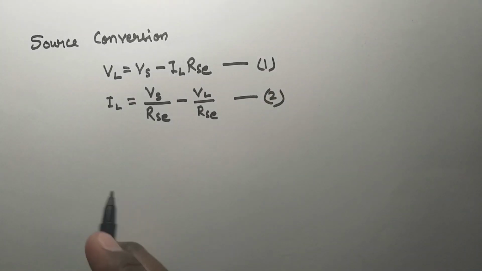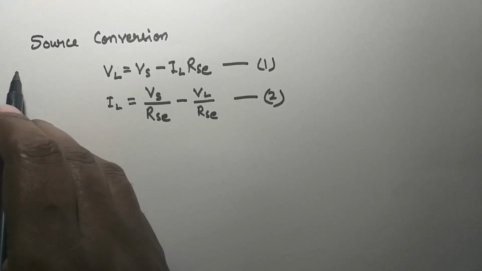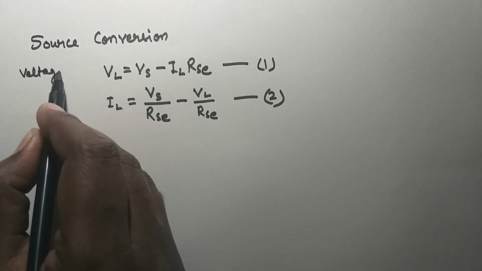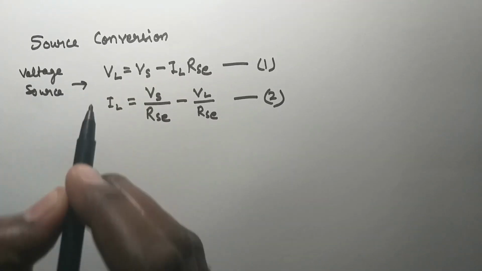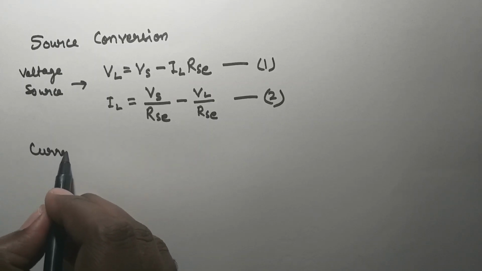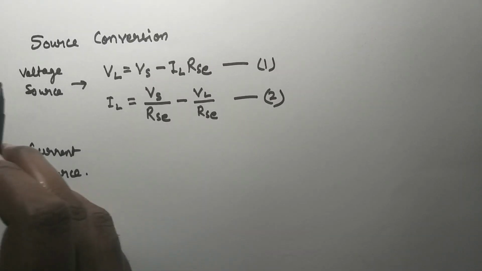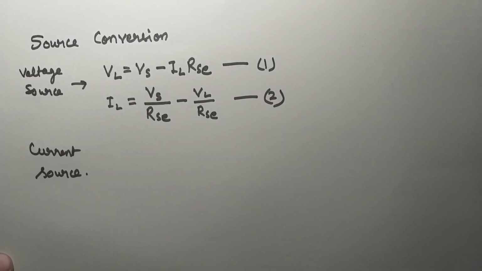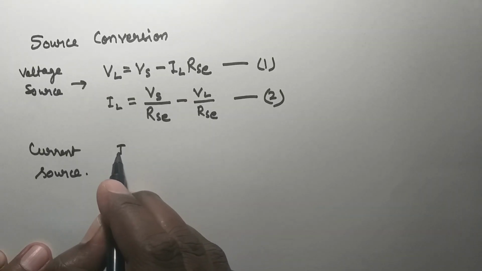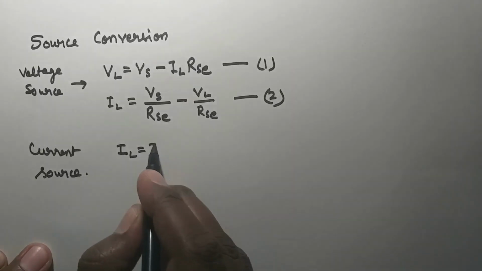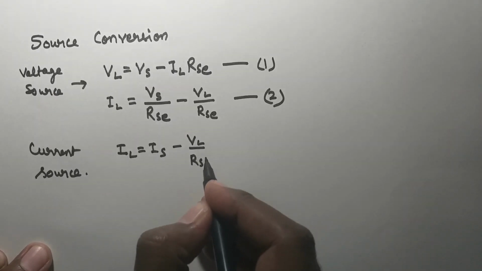Similarly, for a practical current source, the characteristic equation is IL is equal to IS minus VL upon RSH.